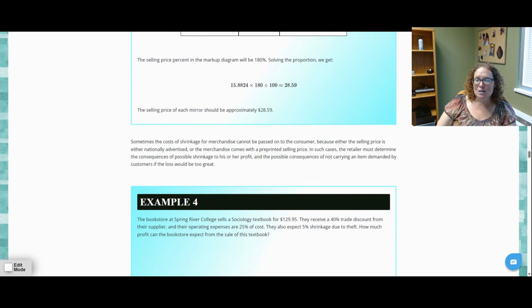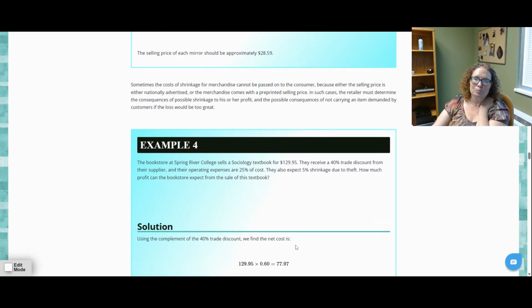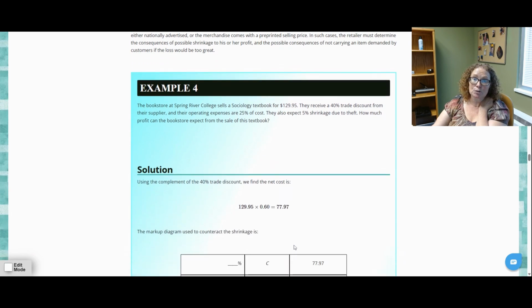So sometimes the cost of shrinkage can be passed on to the customer. I kind of mentioned this a little bit before, but if the selling price is already nationally advertised or there's a pre-printed selling price, companies will have to decide what they're going to do and how to eat some of their loss and not have to pass it all along to the consumer.